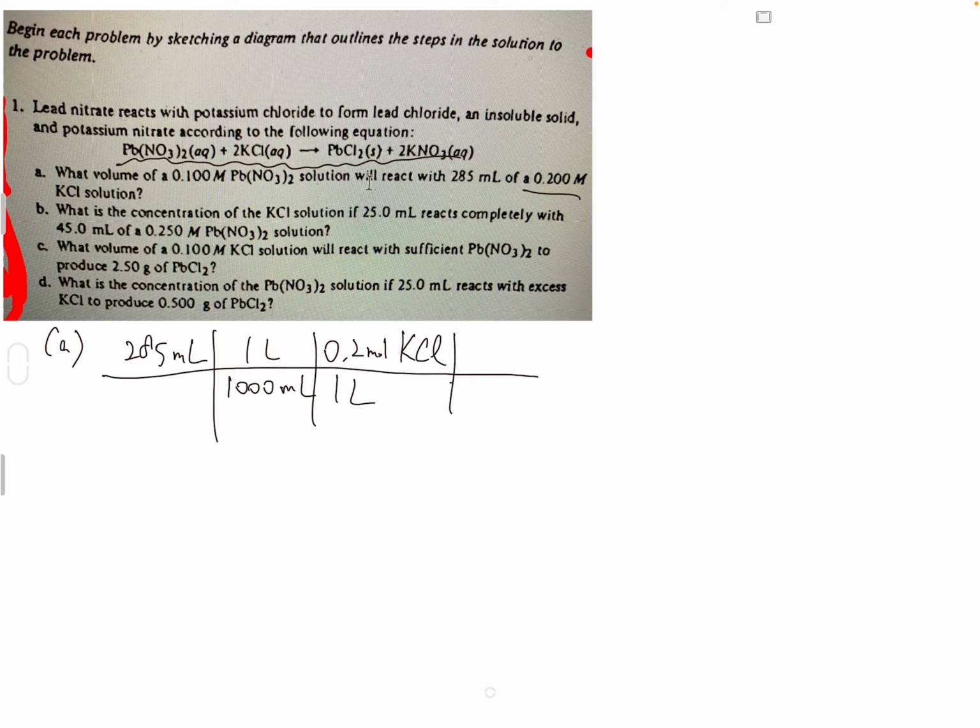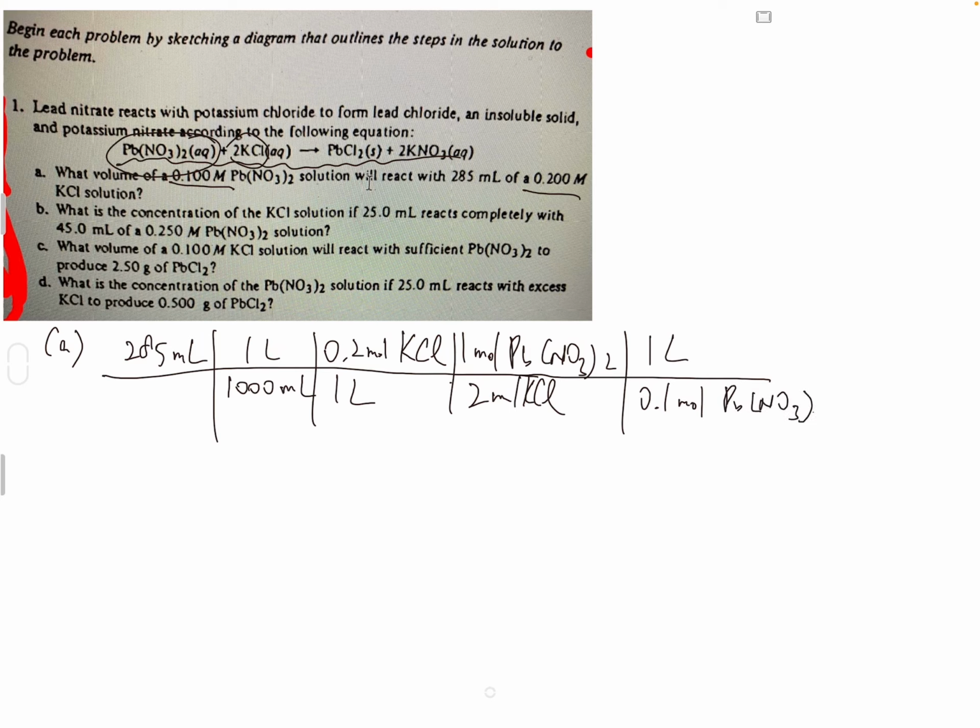For every 2 moles of KCl, it will react with 1 mole of Pb(NO3)2. And finally, we know that the molarity of the Pb(NO3)2 is that 1 liter of the solution has 0.1 mole of Pb(NO3)2.